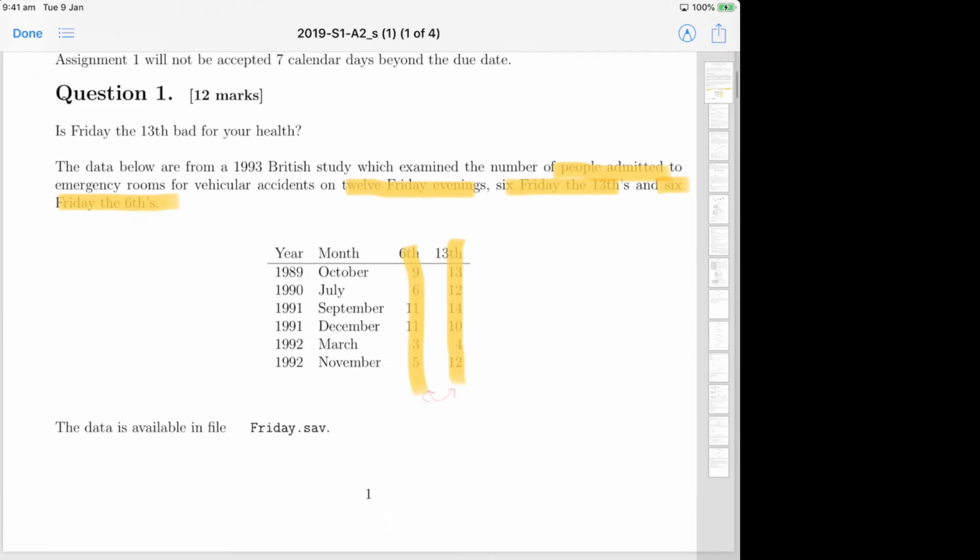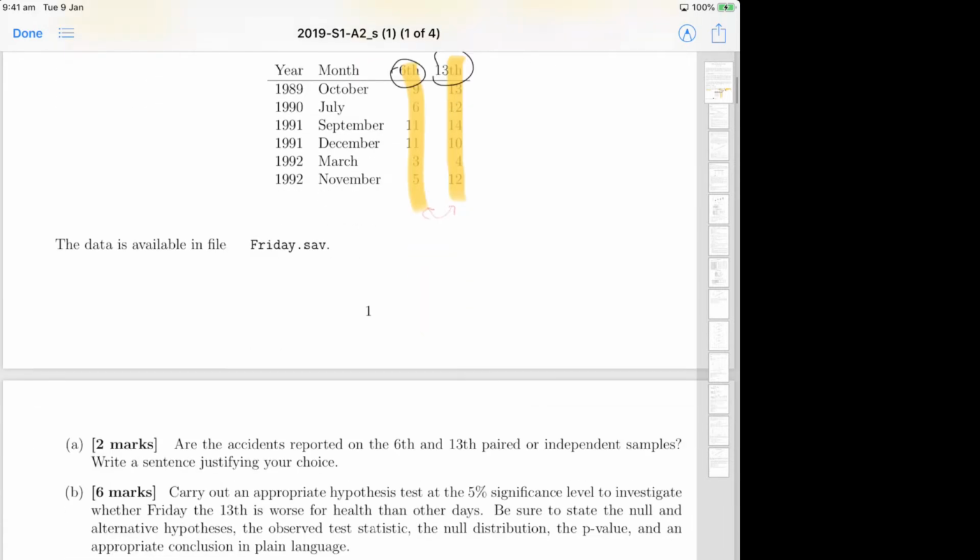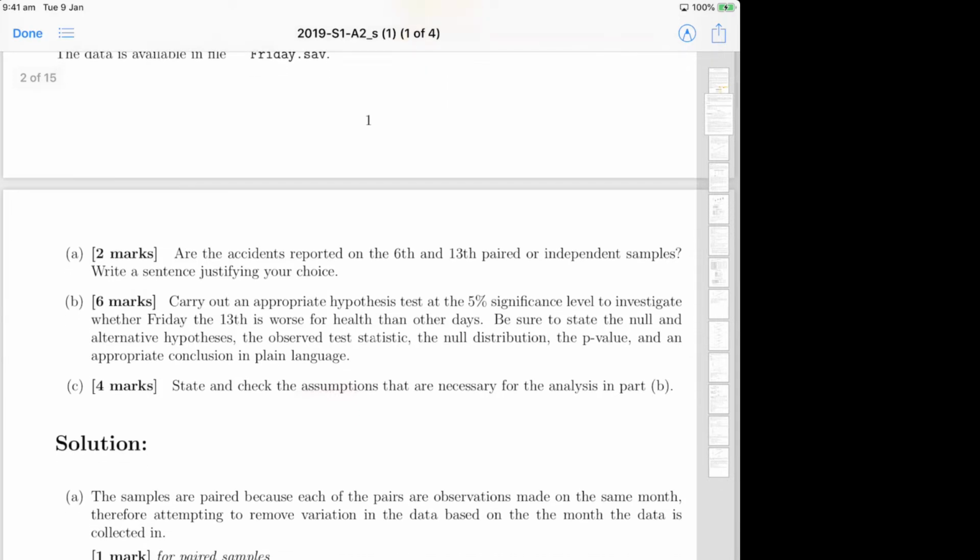If you look at the question, we see that it is telling us we've got 2 Fridays, right? So there is some sort of association between them. Both of them are showing us Friday the 6th and the 13th of every month. We care about the difference between these 2 Friday days. We want to see whether there is any difference between them or not. So probably we can go with a paired sample t-test.